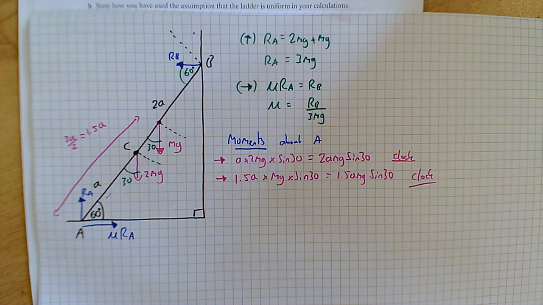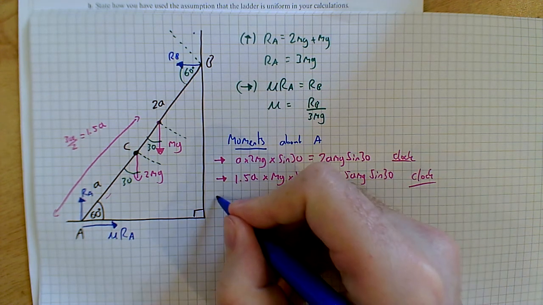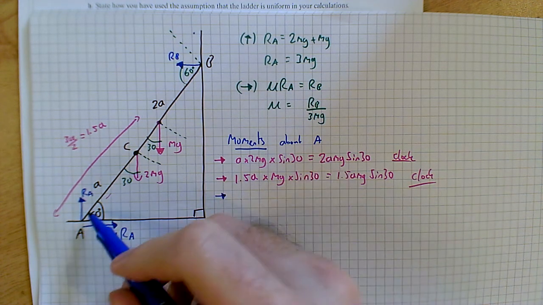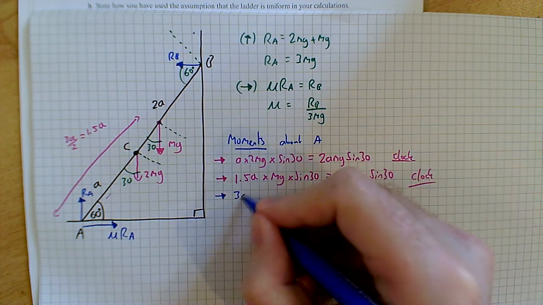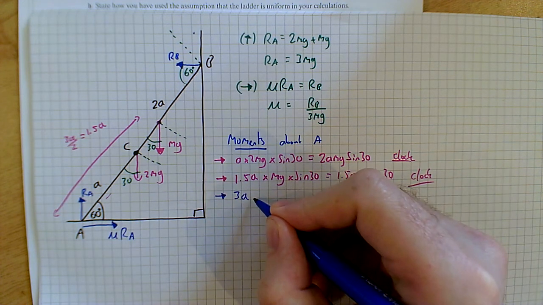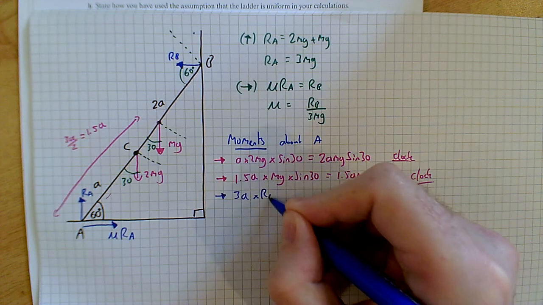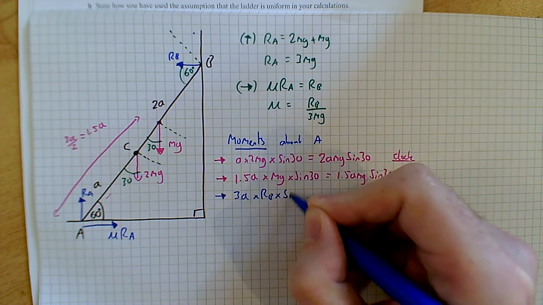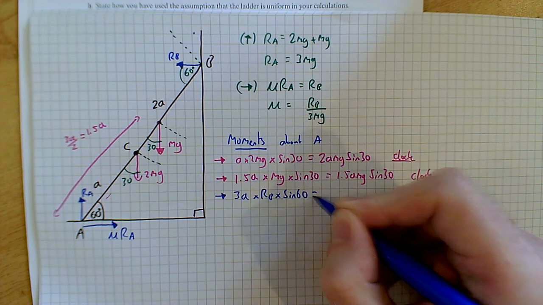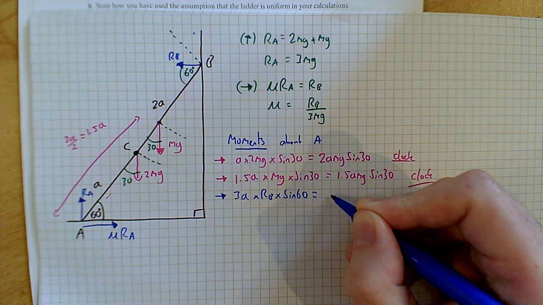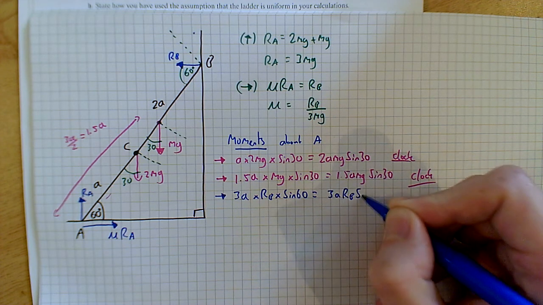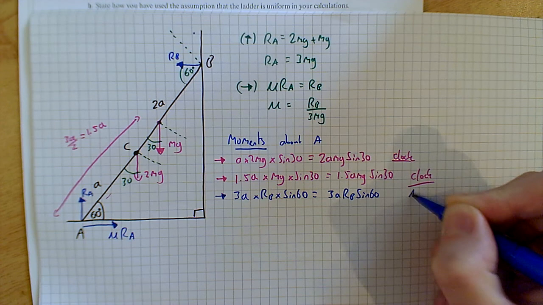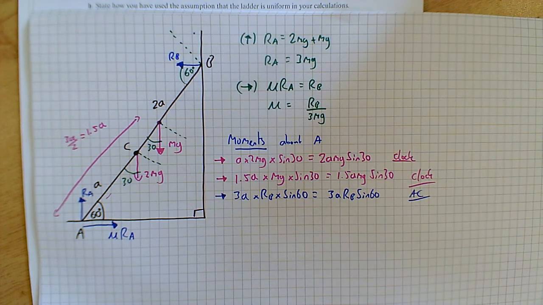Meanwhile, the RB, the all-important RB, is going the other way. It's a distance of 3a away from A. So 3a times RB times sine 60. So this is 3a RB sine 60, and this is anti-clockwise.